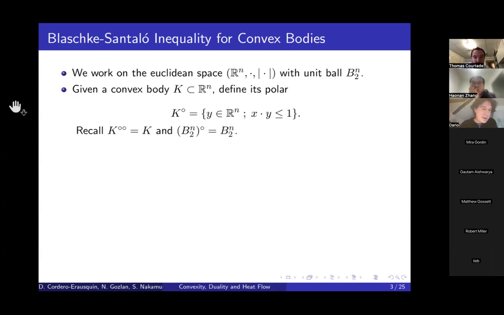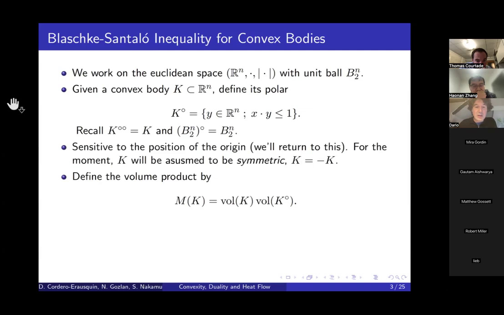So when 0 is in the interior of the convex body, the polar will also be a convex body. The origin plays a special role here in this transform. So for the moment, I will assume that K is a symmetric convex set with respect to the origin.